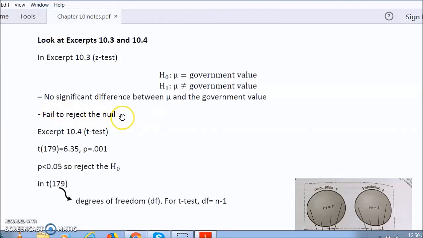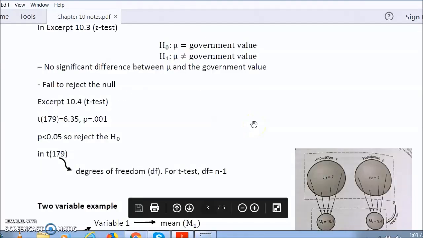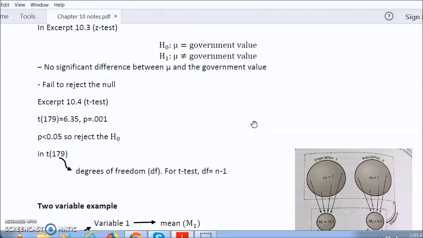That means they fail to reject the null. And this means that there is no statistical difference between the mean and the government value.